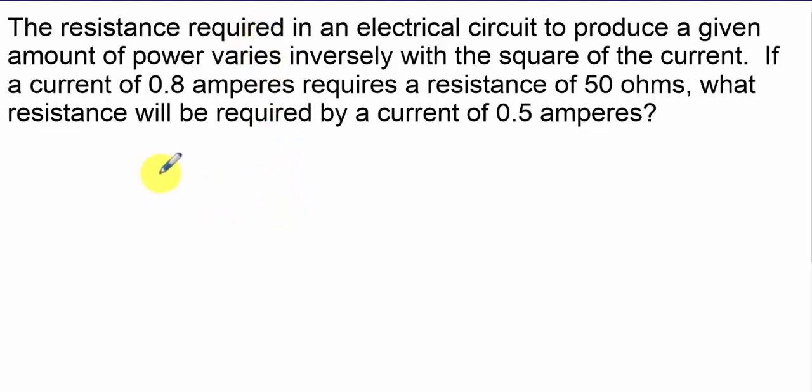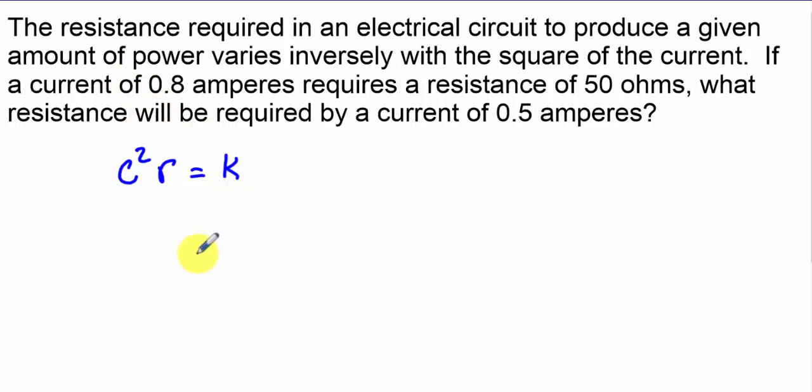Resistance varies inversely, so R varies inversely with the square of the current. And so we read through, and it appears to be a two-situation problem.